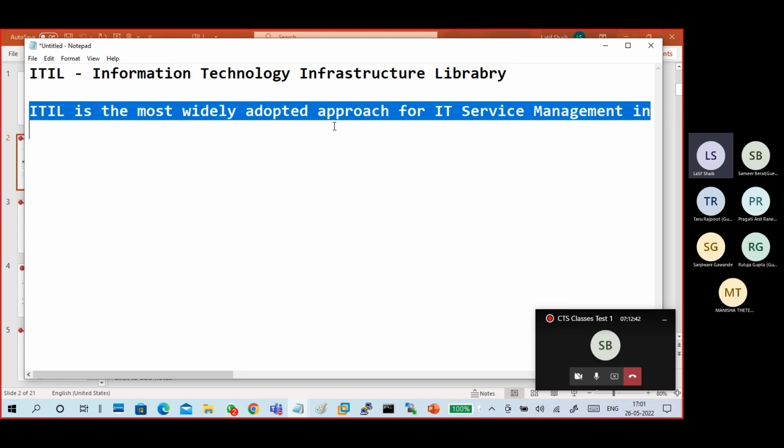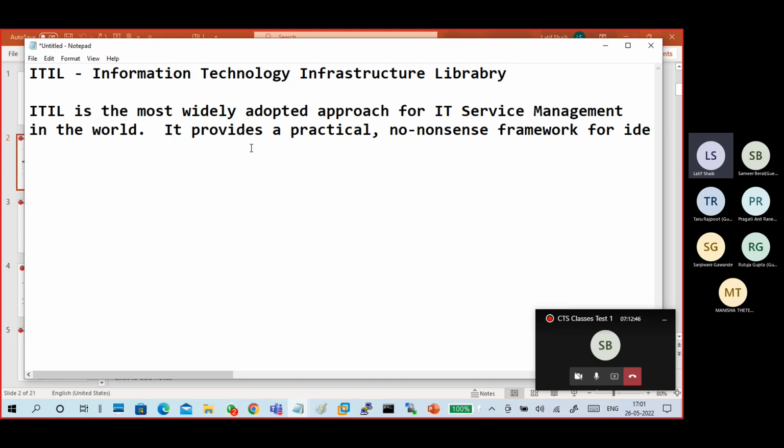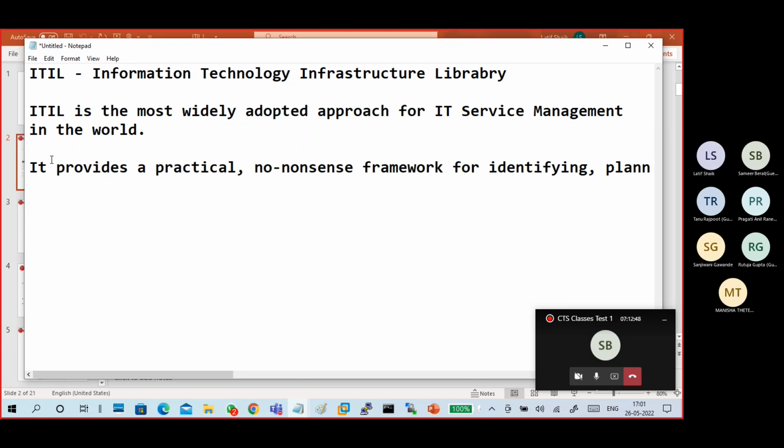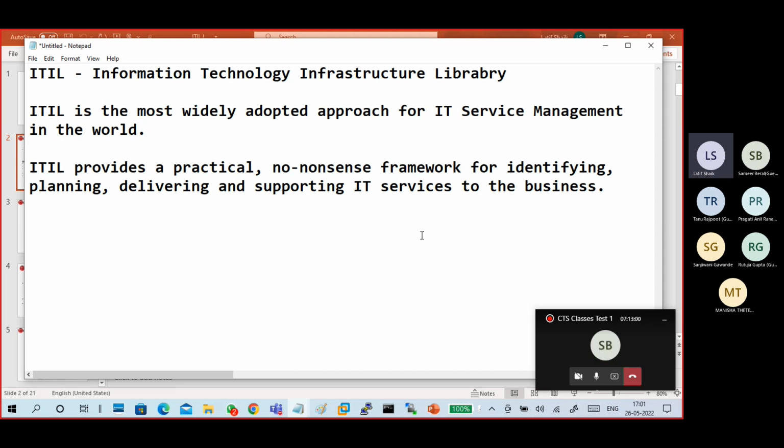ITIL is the most widely adopted approach for IT service management in the world. ITIL provides a practical, no-nonsense framework for identifying, planning, delivering, and supporting IT services to the business.